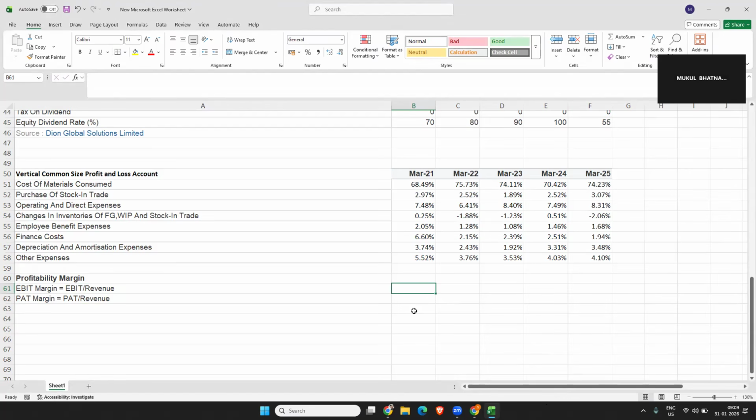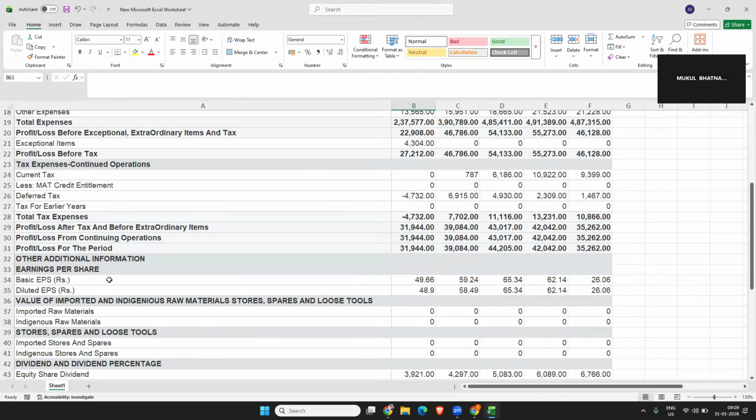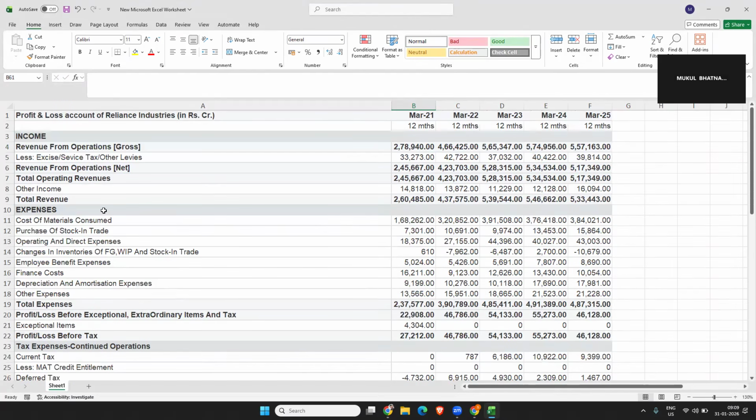Now there is a catch here. We need to have these two values for the purpose of calculating this margin. First value is EBIT. So I will scroll upward and try to find EBIT here. EBIT is earnings before interest and tax. So let us see what is the first earnings that is given to you. Earnings and profit are one and the same thing.